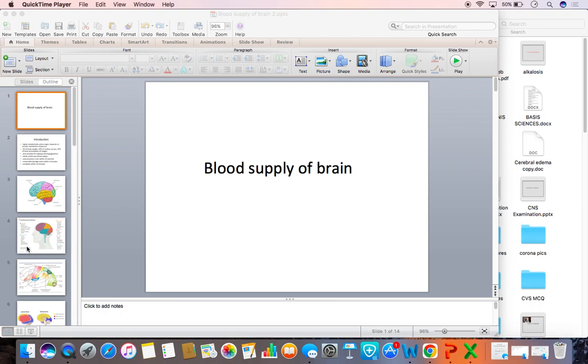Basilar artery terminates as posterior cerebral artery. They give rise to the branches to supply the medulla, pons, midbrain, and the cerebellum.